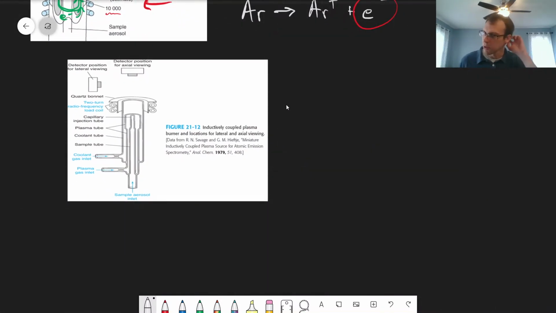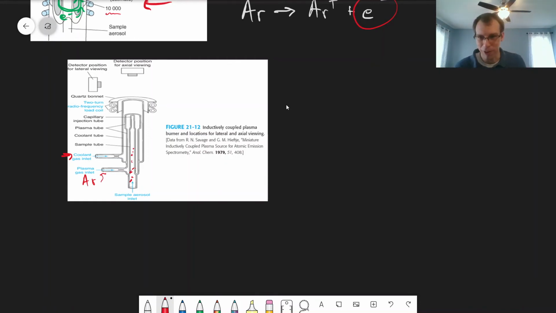We can also come down here, and this shows what this looks like from the bottom. Similar to a flame atomization scheme, we need to nebulize our sample. We need to make it into droplets. So our droplets are coming up through here. We have our plasma gas, so this is our argon coming in here. And then we need something to keep everything from overheating, so you have some sort of coolant gas coming in on the outside.